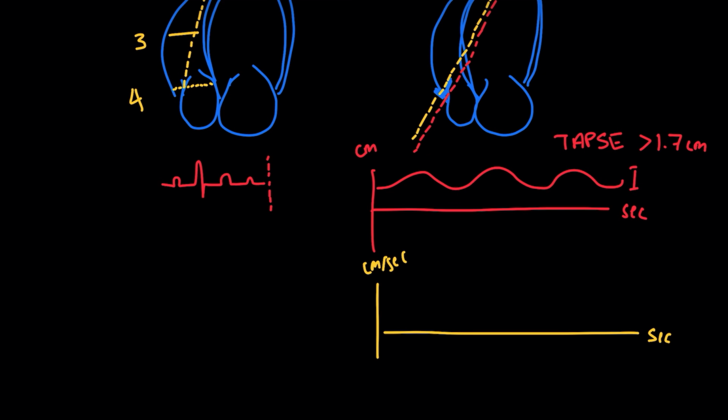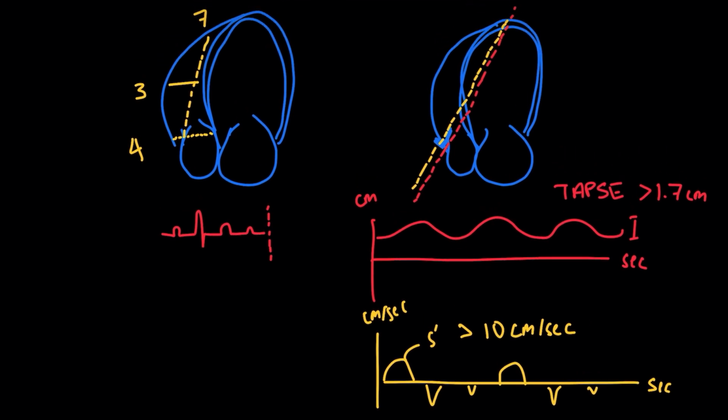And you'll see an S wave, and then you'll see some waves like this. We'll get into that in more detail in subsequent videos. And this S prime, which is the velocity of that tissue, should be greater than or equal to 10 centimeters per second. That would be a normal functioning right ventricle.